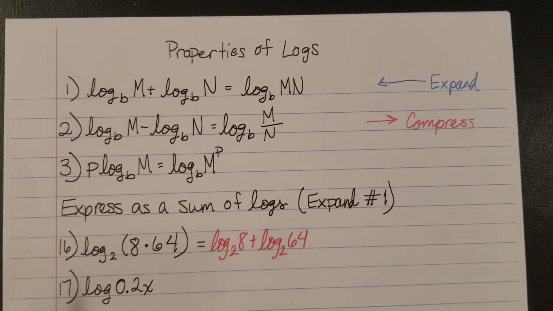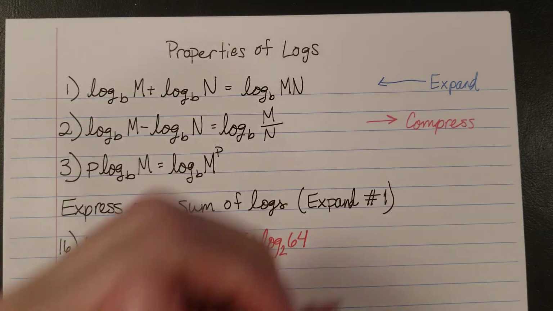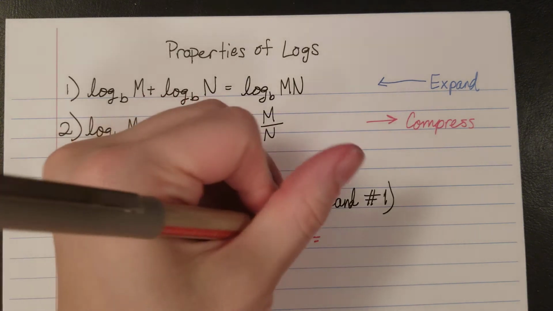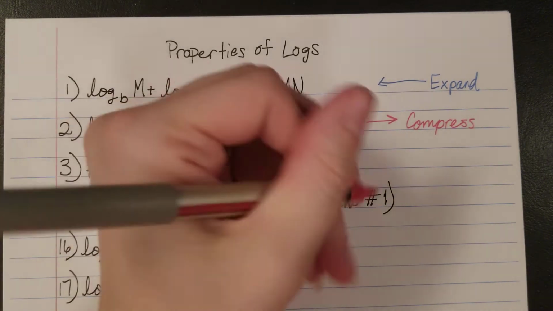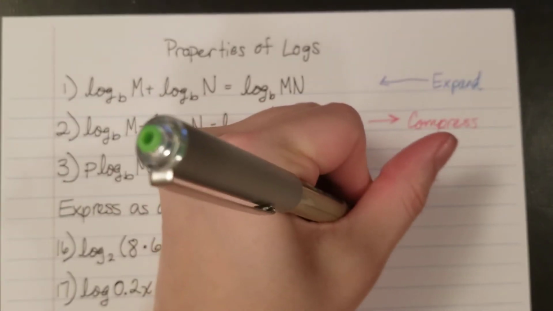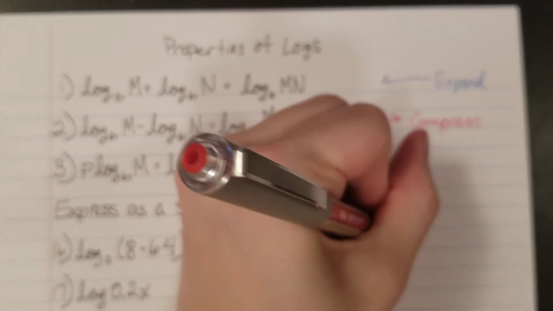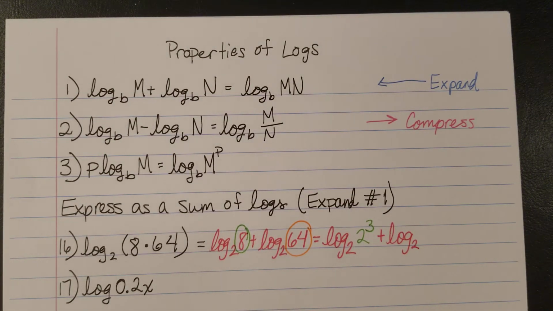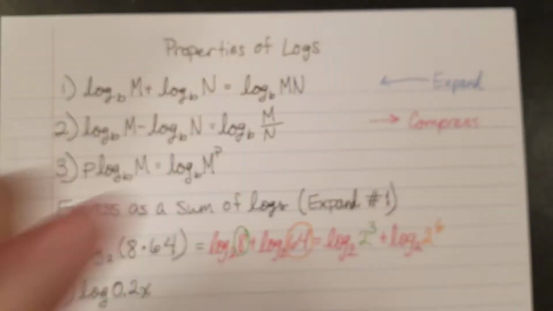However, we can simplify this further because we can rewrite 8 as 2 to a power, and we could also rewrite 64 as 2 to a power. So 8 is the same thing as 2 to the 3rd power, and 64 is the same thing as 2 to the 6th power.